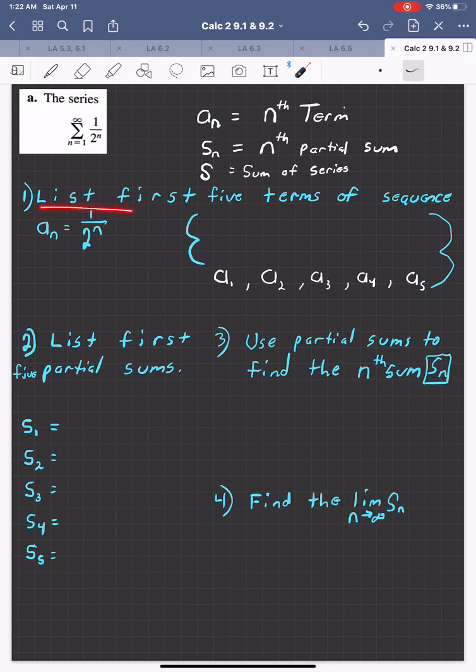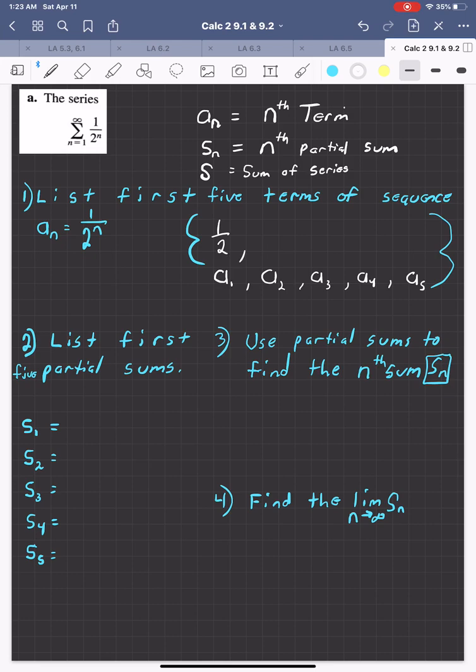We're going to list the first 5 terms of the sequence. We're not worried about the series yet. So 1 over 2 to the power of n, that is our nth term. So if you wanted to know what the first term in that sequence was, you would plug 1 in for n. 1 over 2 to the power of 1 is 1/2.